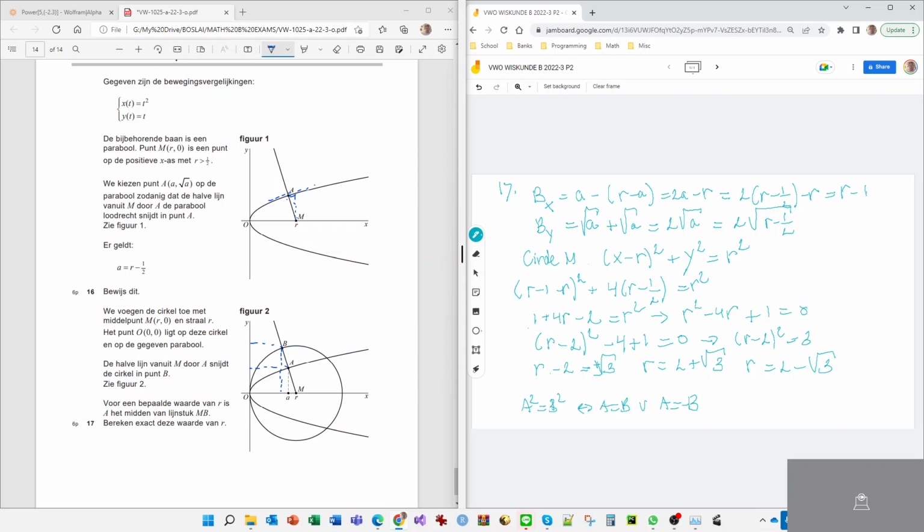There are actually two solutions, but r has to be greater than 1/2, so we can eliminate this solution.